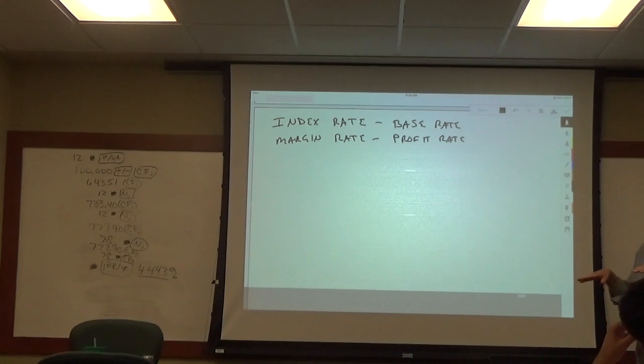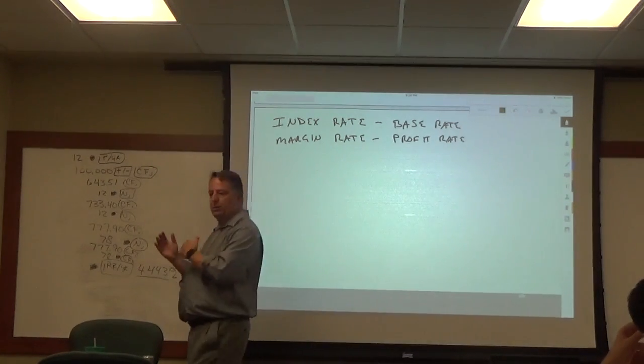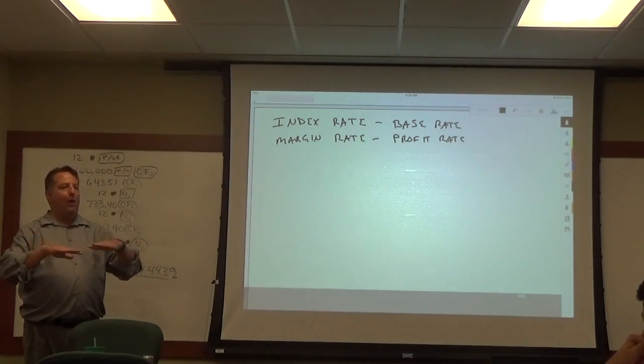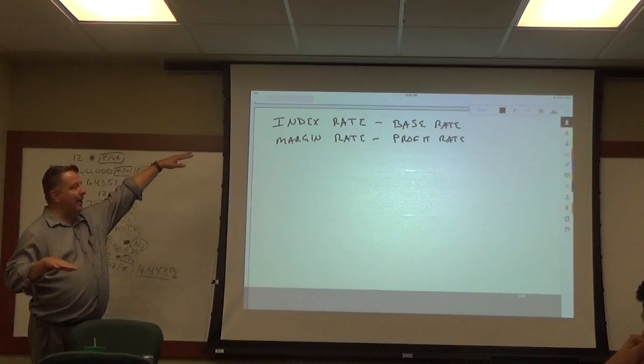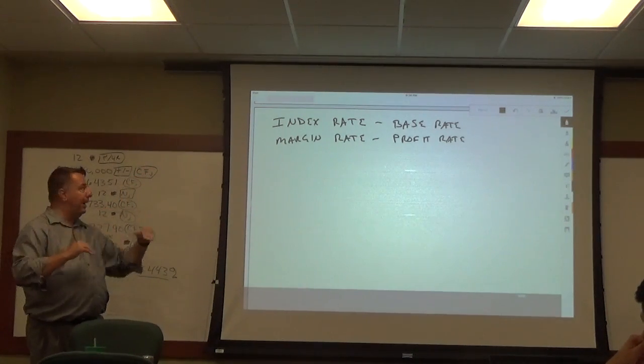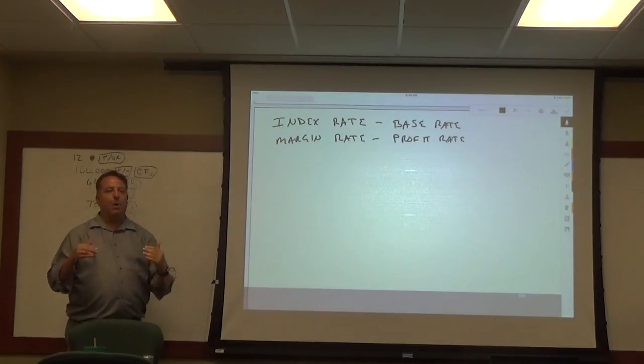And usually it depends on where they are sourcing their money from, okay, as to what that base rate or index rate is going to be. On top of that index rate, there's going to be a margin rate.